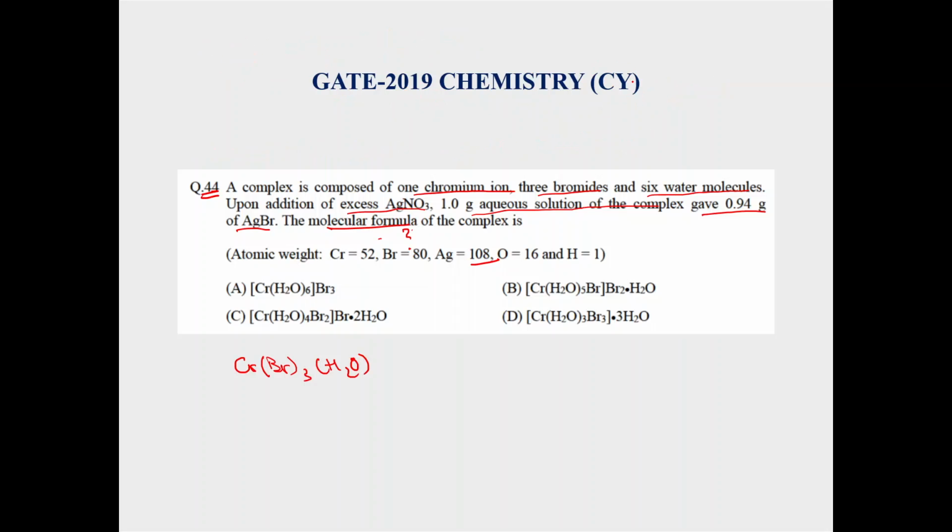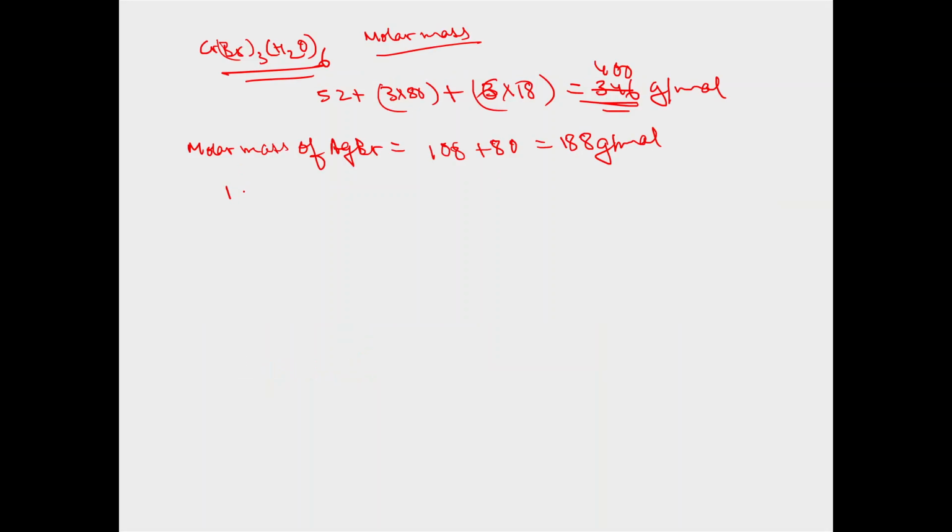In this question, what they are saying is 1 gram of the complex gave 0.94 gram of AgBr. So now we will find out how many moles of this complex are in 1 gram.